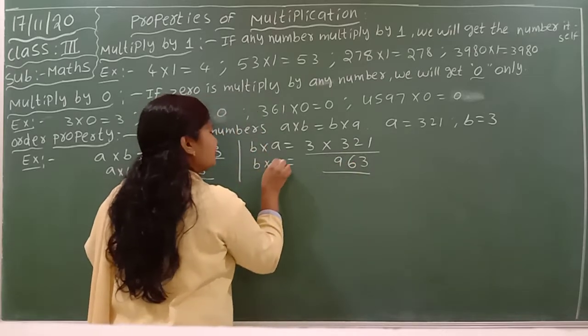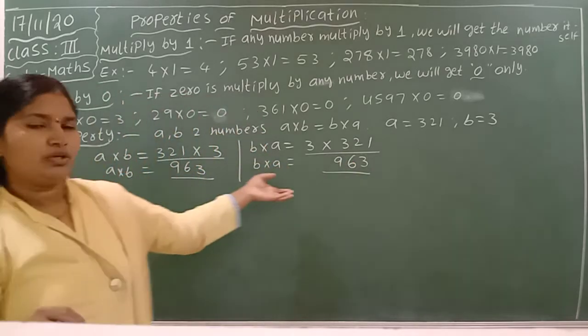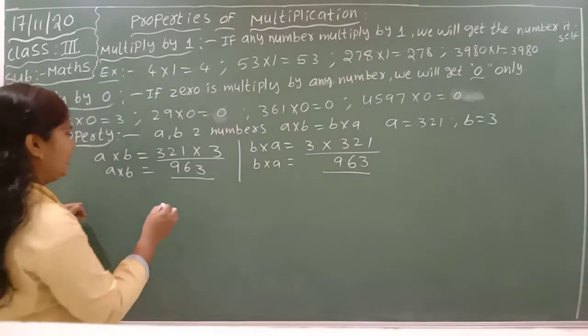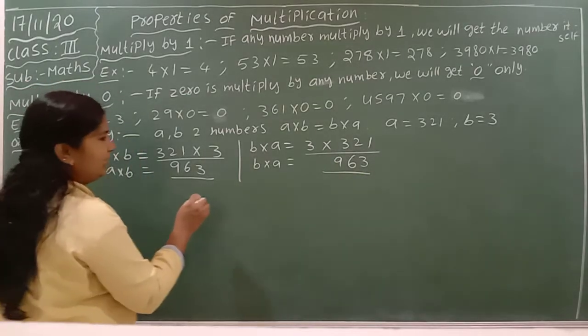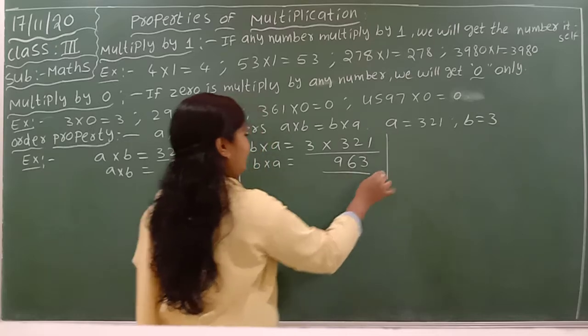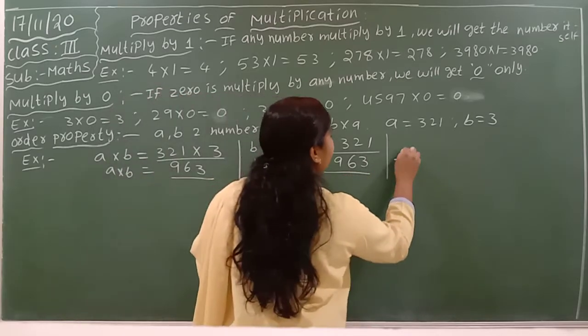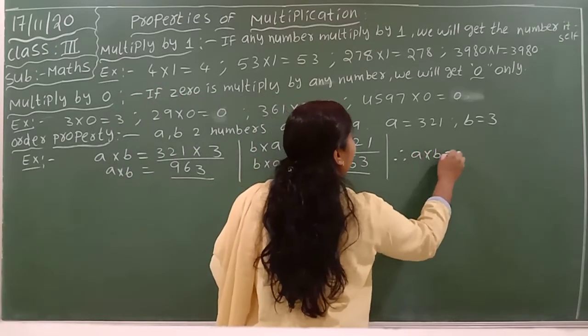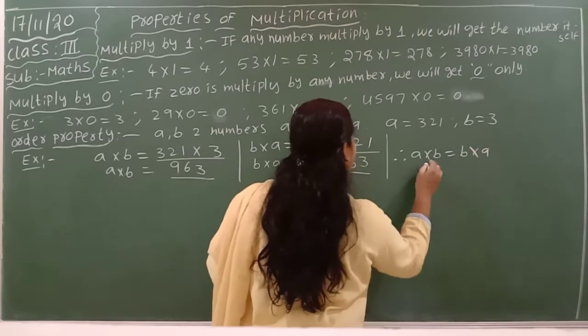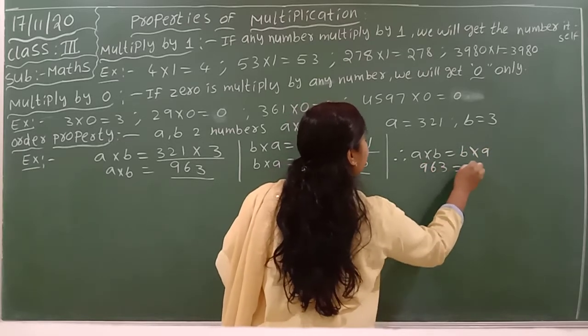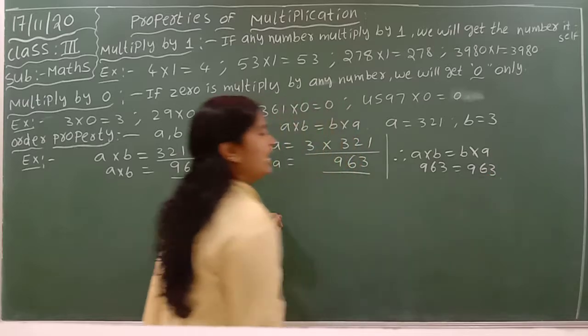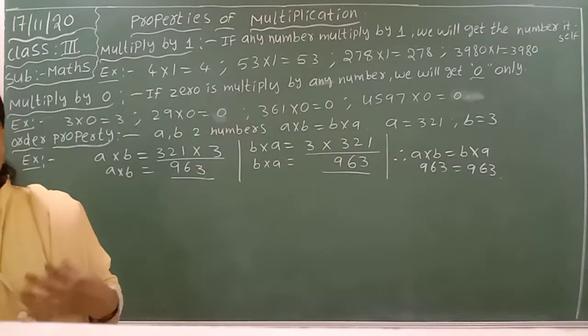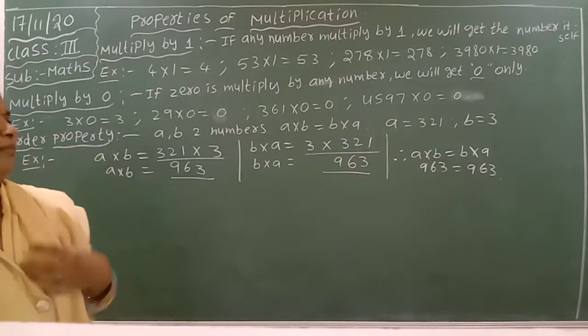Here also you will get b into a is equal to 963. Therefore a into b is equal to b into a. That is 963 is equal to 963. We will get the same number. It is known as order property.